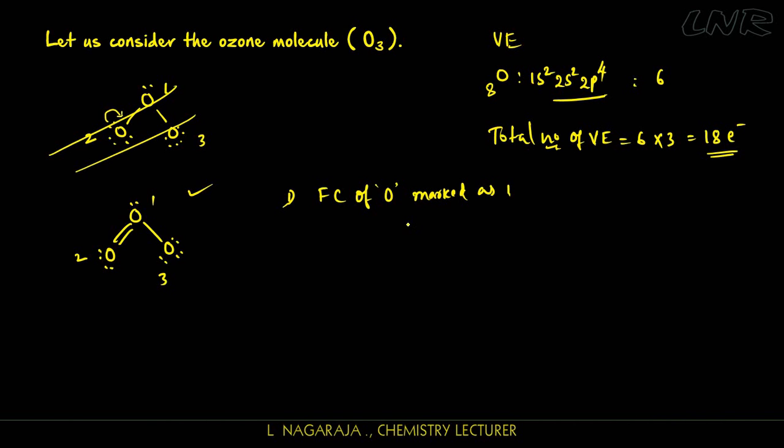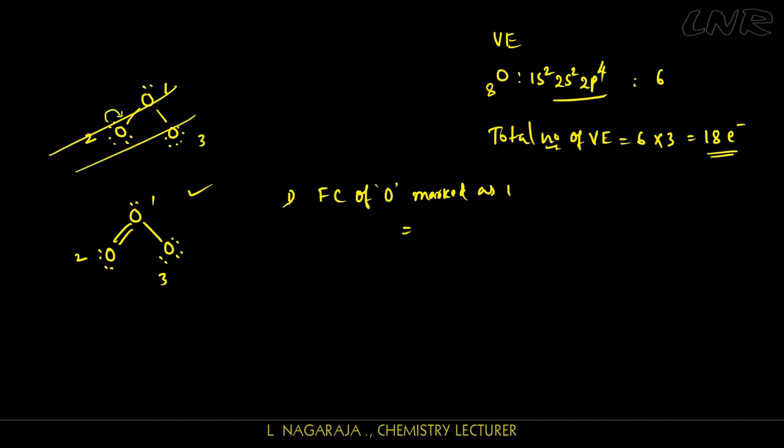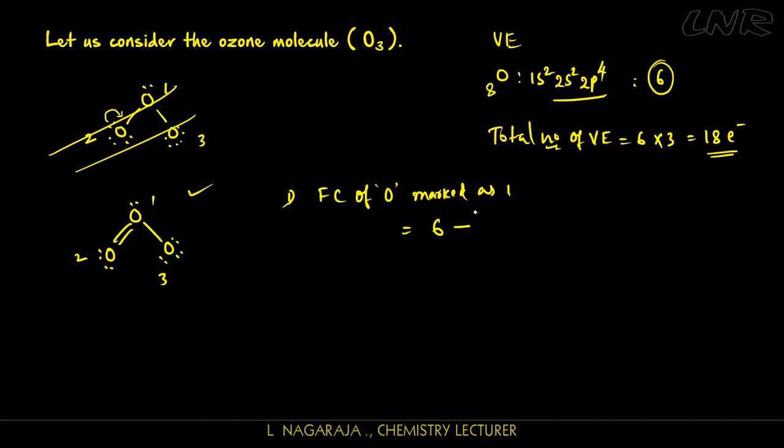The formula is the number of valence electrons of the free atom minus the number of lone pair electrons minus half of the total number of bonding electrons. The number of valence electrons of the free oxygen atom is 6, minus the lone pair electrons.